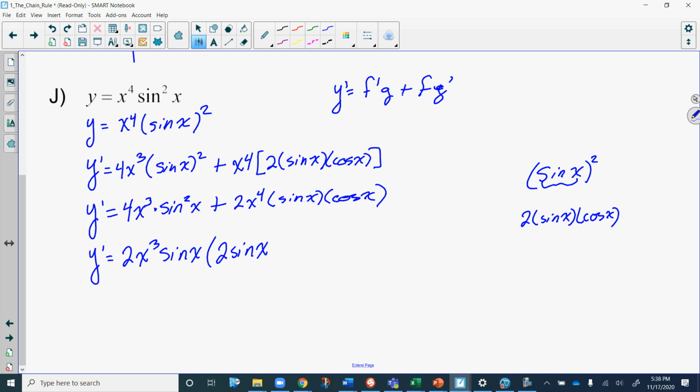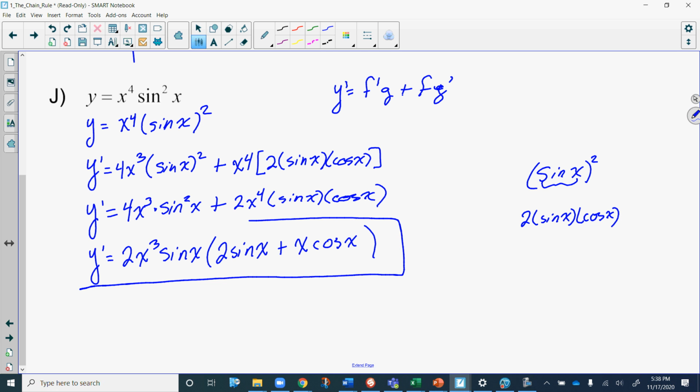And the second term would be plus 1x cosine of x. So this would be the final simplified derivative that you would expect to see as a multiple choice type answer.